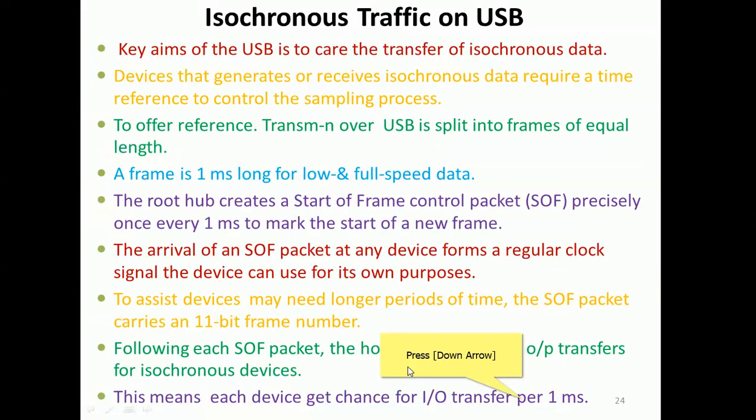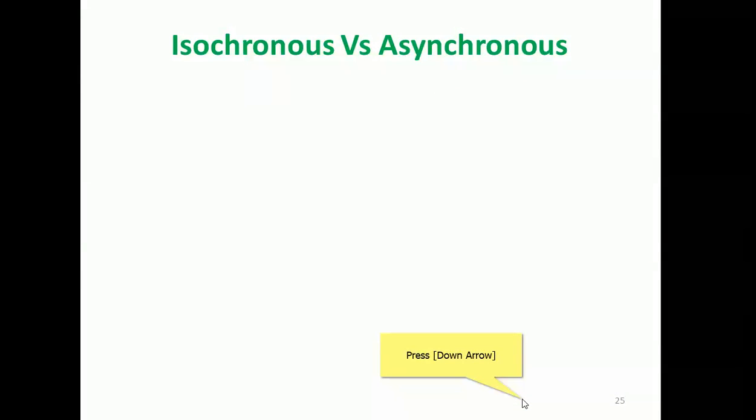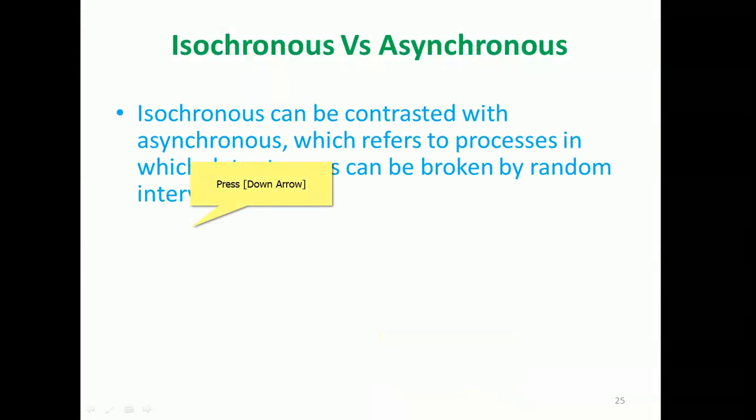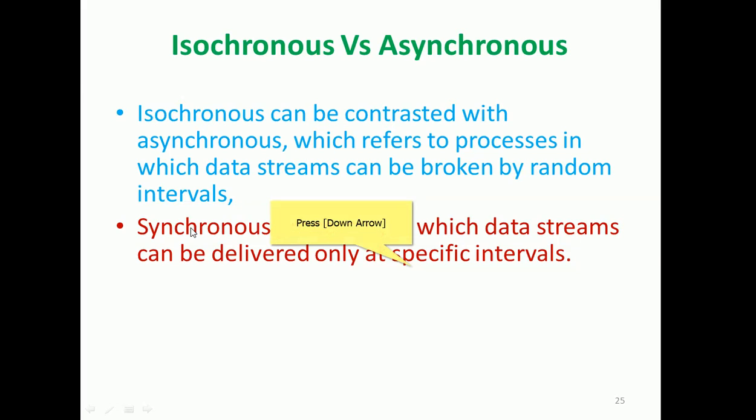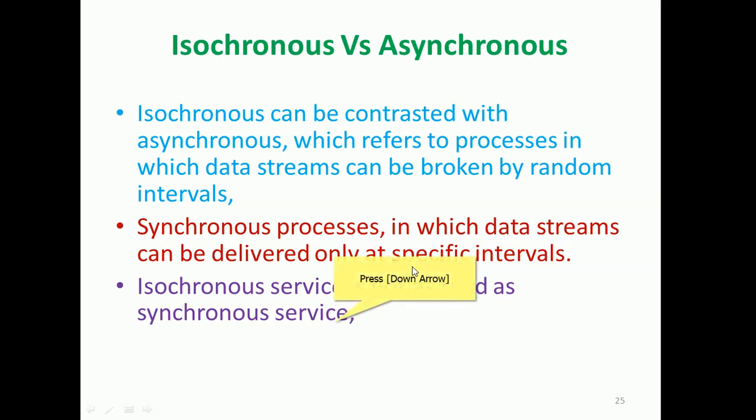Isochronous can be contrasted with asynchronous, which refers to a process in which data streams can be broken into random intervals. So random intervals will be there for the splitting of the data. Synchronous is a process in which data streams deliver only at specific intervals. So uniform intervals will be there.